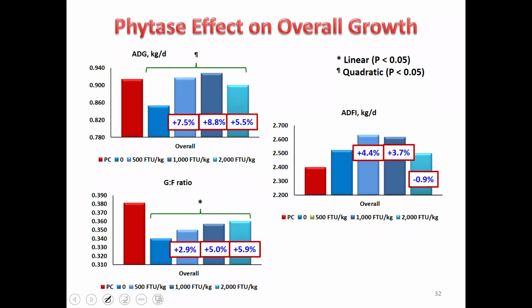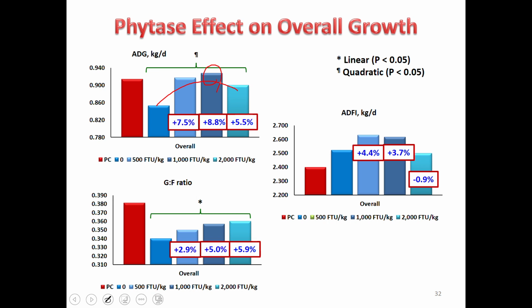However, when you use phytase up to 2000 FTU, in overall gross performance we found a quadratic increase of average daily gain, so that 1000 FTU showed the highest average daily gain in the overall period.